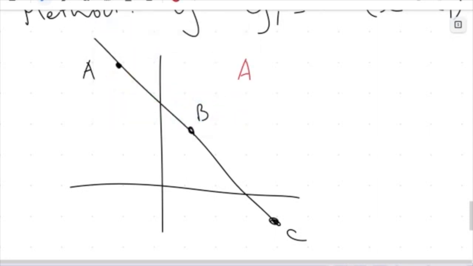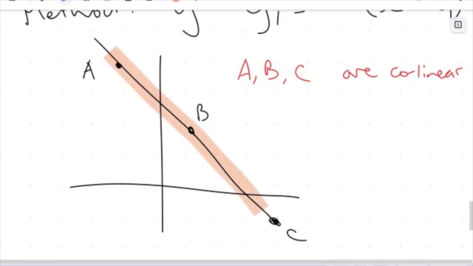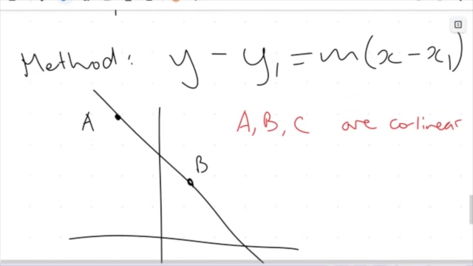So A, B, C are collinear. What does this mean? It means they all lie on the same line. They are points sharing a line. So something like that is actually very important when we consider trying to derive or make sense of this formula.